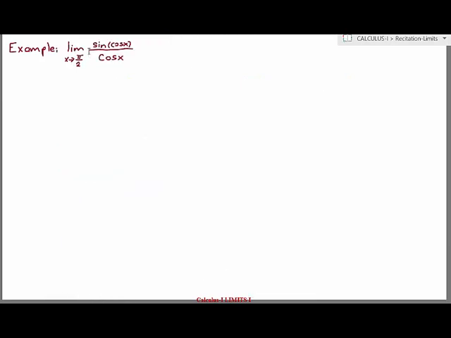This example is a little bit different. When x tends to pi over 2, sine cosine x over cosine x. In this problem, I will change the variable. Instead of cosine x, I write t, for instance, another variable. So, when x tends to pi over 2, cosine pi over 2 is 0, so t tends to 0.